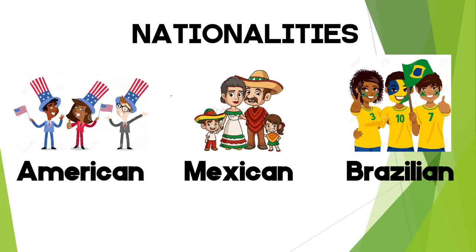Next, we will look at the nationalities. Okay, nationalities is what is known as kewarganegaraan, the rights or your rights to belong to certain country. So if you are born in that country, you can get the nationality from that country. Okay, nationalities is not about races.